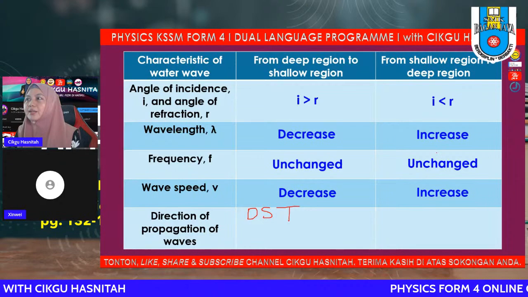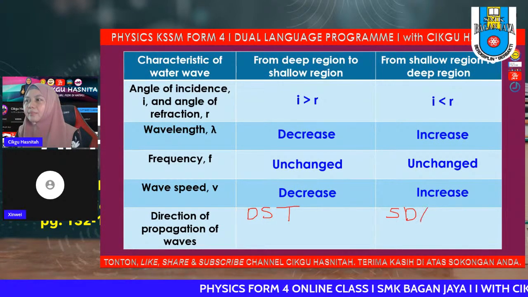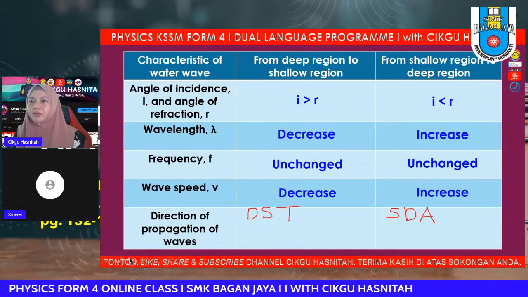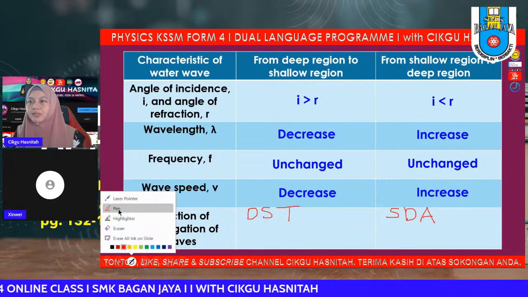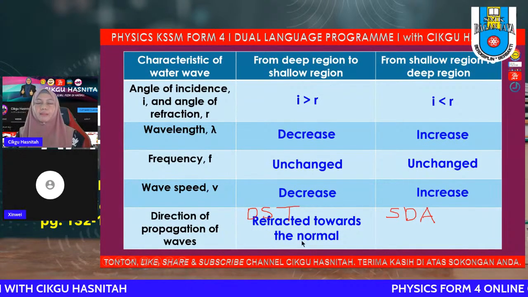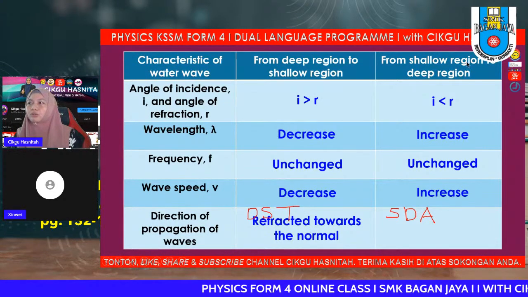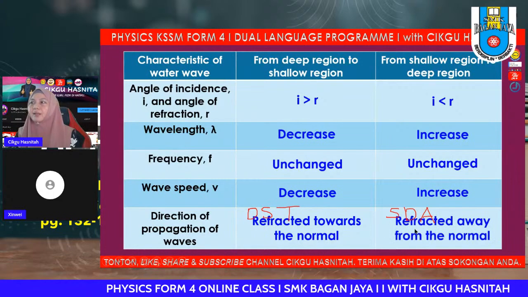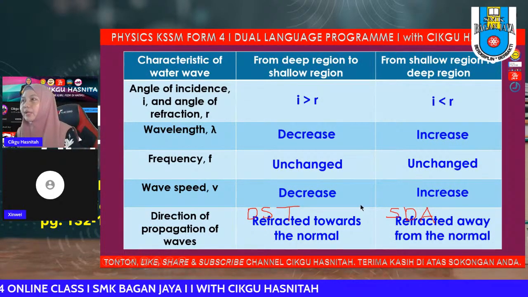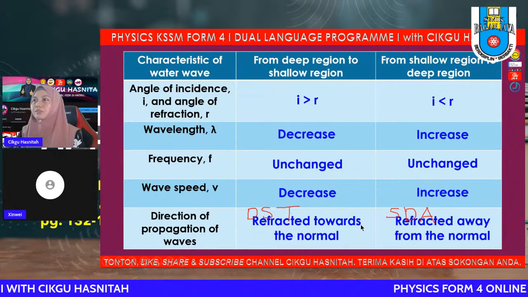Okay, this one, shallow to deep, is away. So you can say what happened to the direction of propagation: deep to shallow, refracted towards the normal. From shallow to deep, refracted away from the normal.